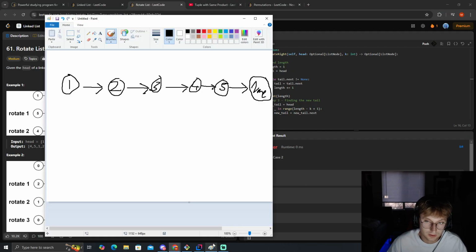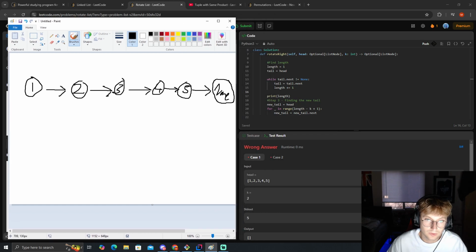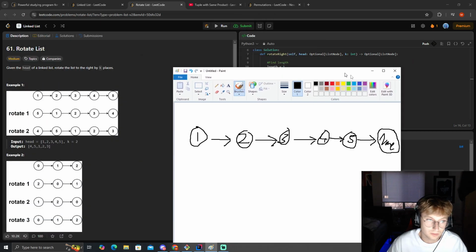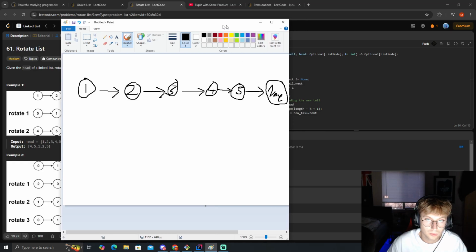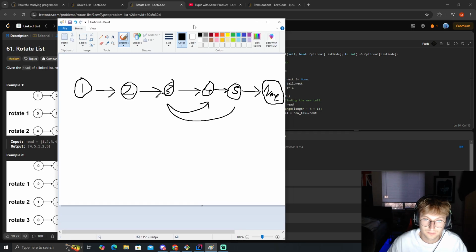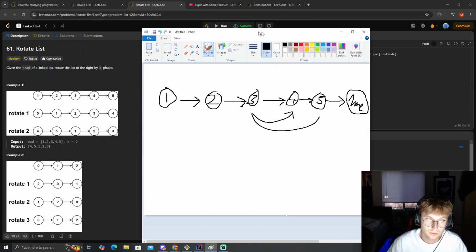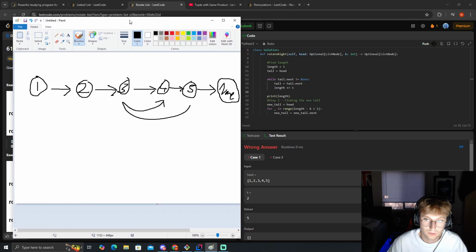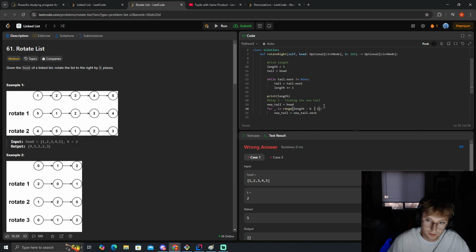In this case, we have length 5 minus k. So what do we have? We have 2 plus 1, so 3 plus 1. So it would be 4, right? That would be our new tail. Wouldn't it be minus 1? Oh, whoops, yeah, typo. Minus 1.